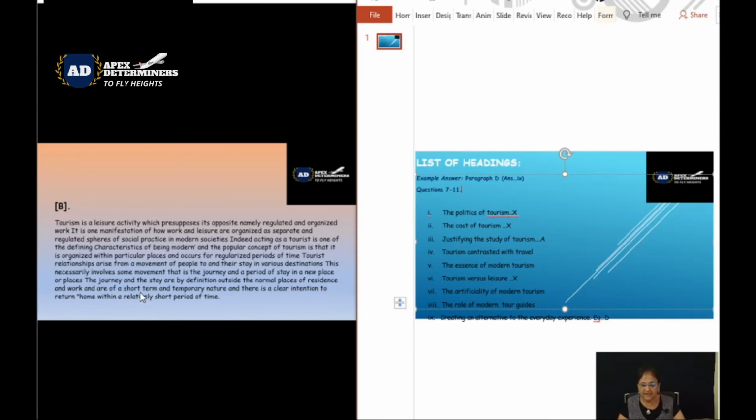The journey and the stay are by definition outside the normal places of residence and work. Quite true. Which journey is it talking about? Journey, tourism. It is definitely outside the normal place and outside your residential area, outside your work. That is why you're going on a tour.